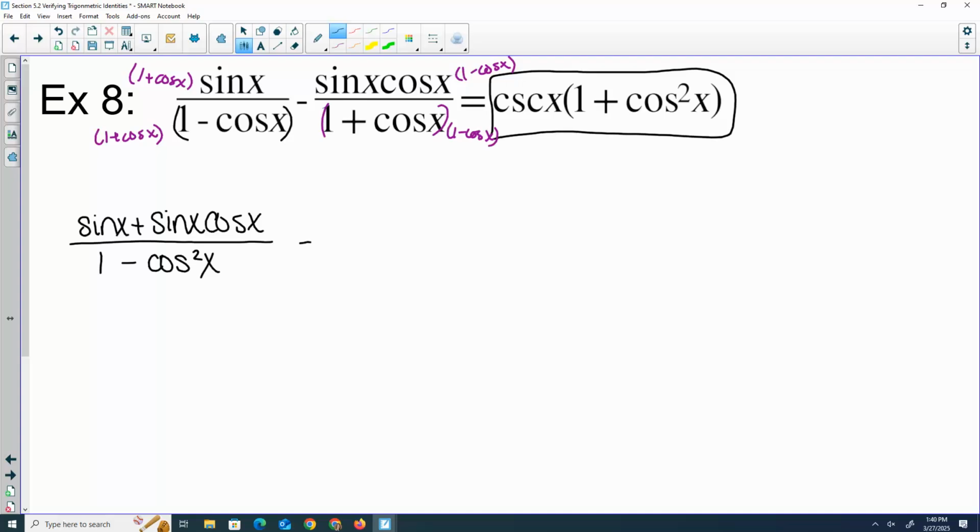Minus, and this one, sine x cosine x times 1, sine x cosine x, times negative cosine x would be negative sine x cosine squared x. And then FOIL on the bottom.